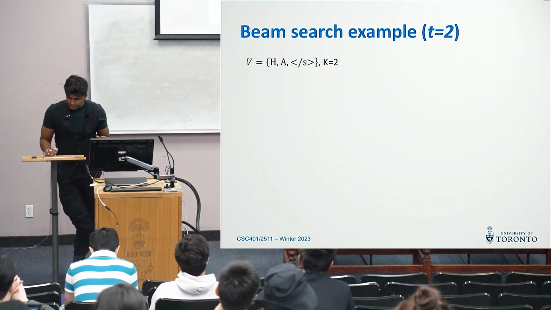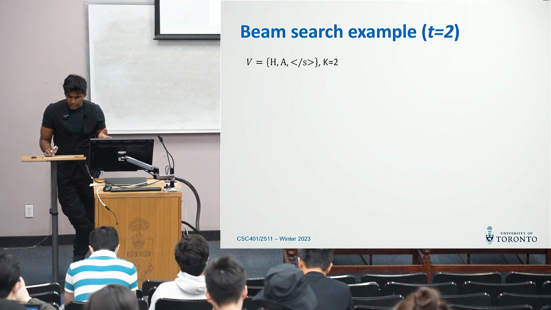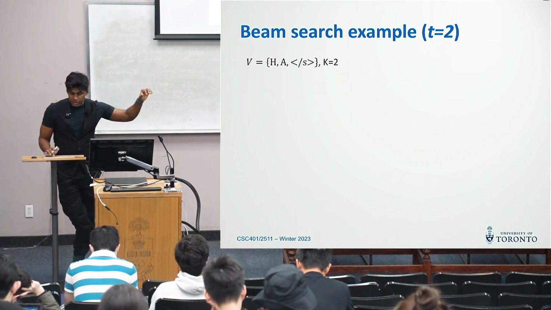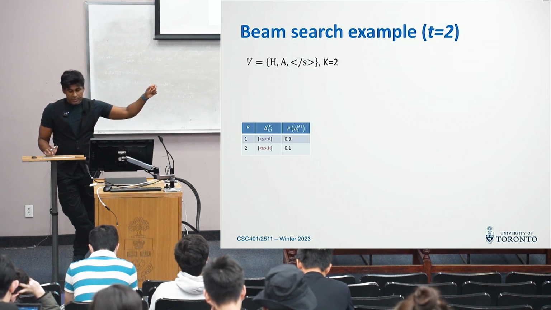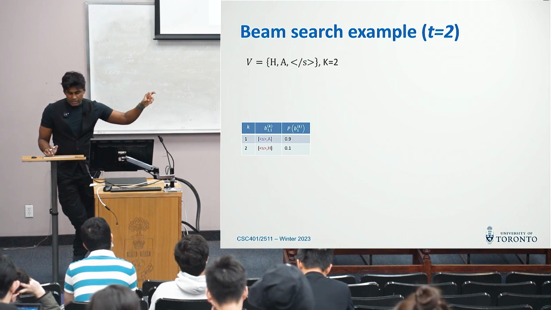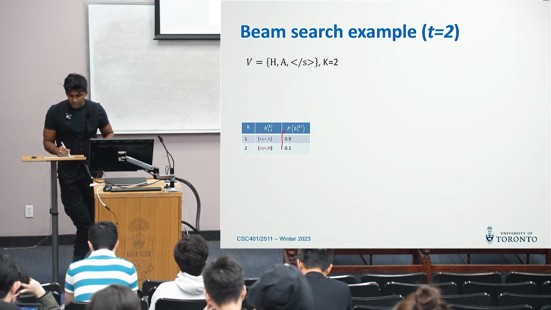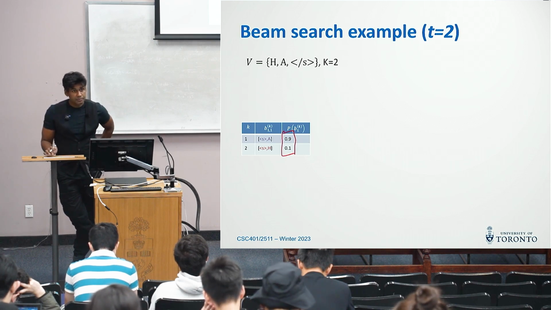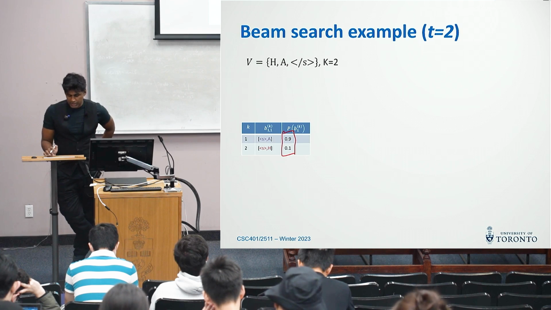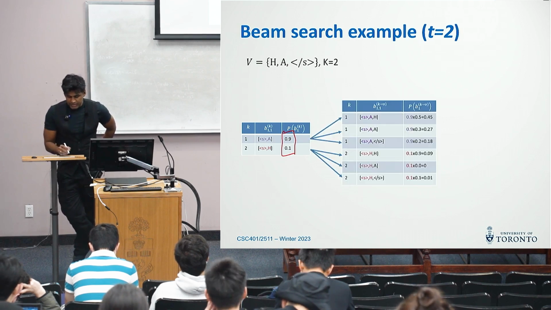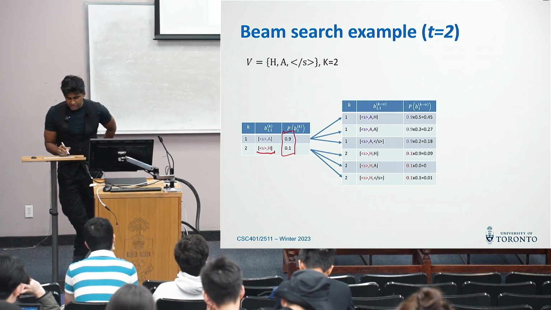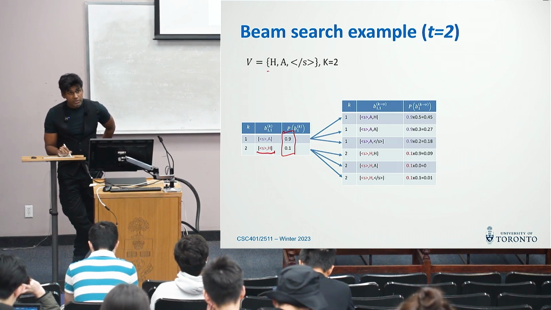All right, so let's move on. So now we're in time step 2. And then we already have our 2 top partial translations. Start of sequence A, then start of sequence H, and their corresponding probabilities. Okay? Stop me if you have any question at any point through this, okay? And next we are extending our partial translation with each of the words in our vocabulary.